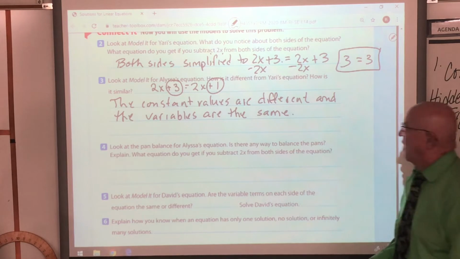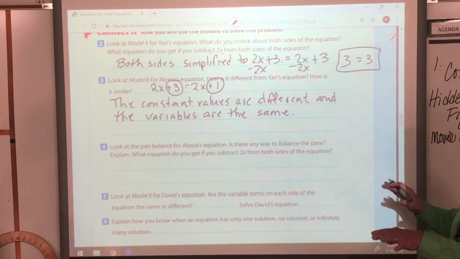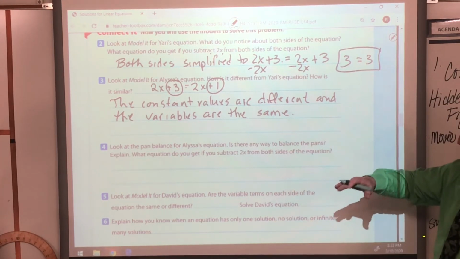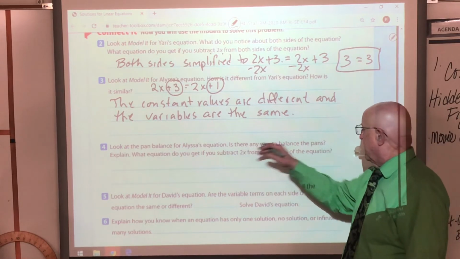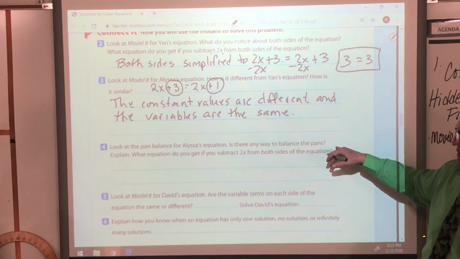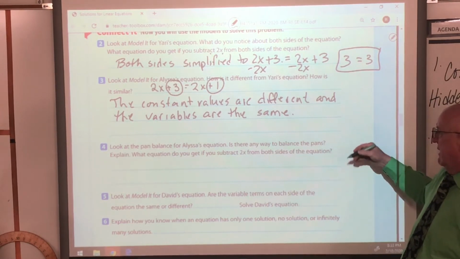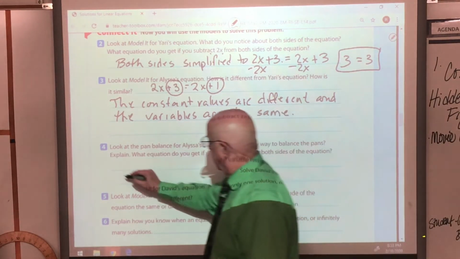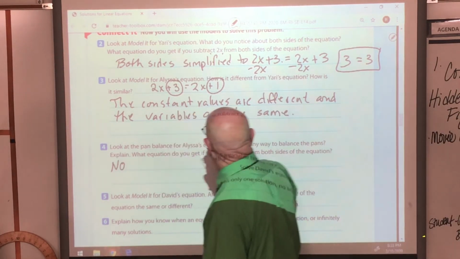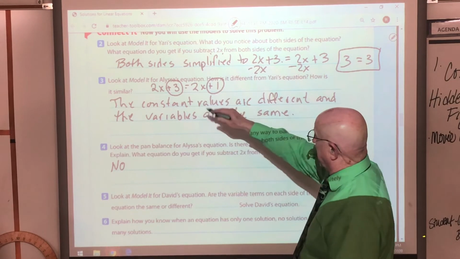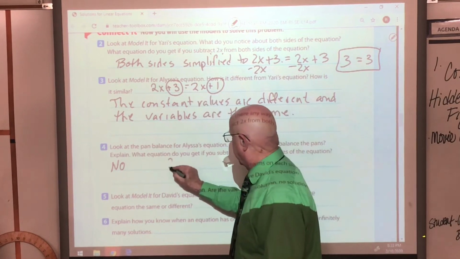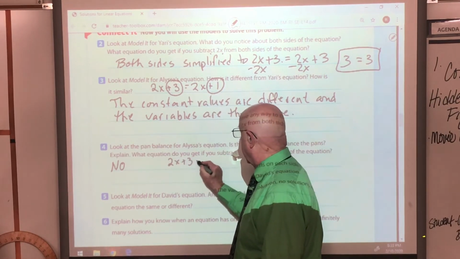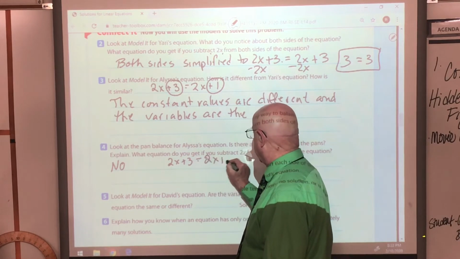Now when we look at the pan balance, when you look at your previous page, look how the pans are balanced. Is there any way that we could balance those pans? The answer to that is no, because at this point right here, we have 2x plus 3 equal 2x plus 1.